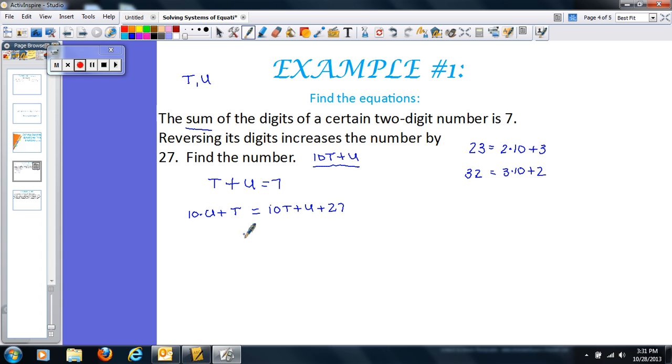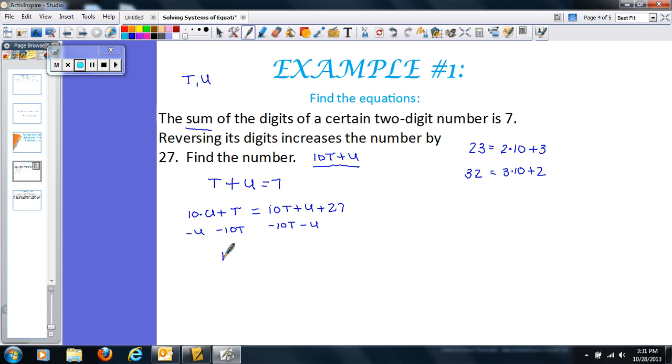Now, there is something I would like you to do: simplify this equation so that both variables are on the left side with a number on the right side. I would start by subtracting 10t and subtracting u from both sides.